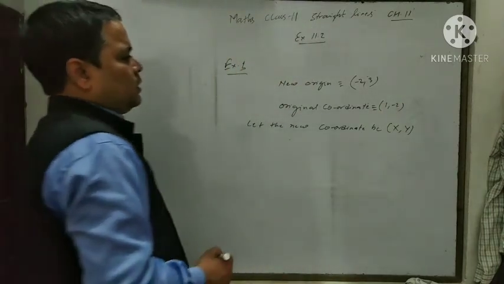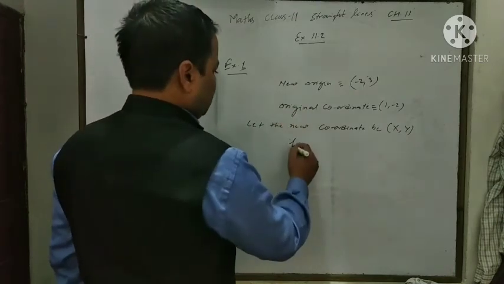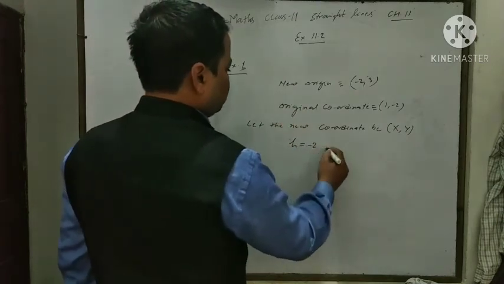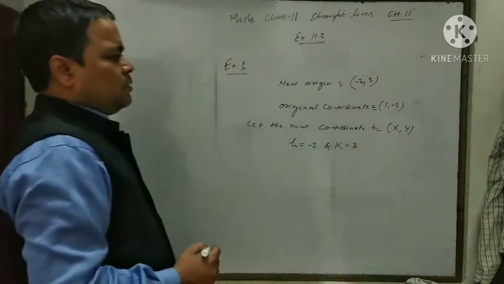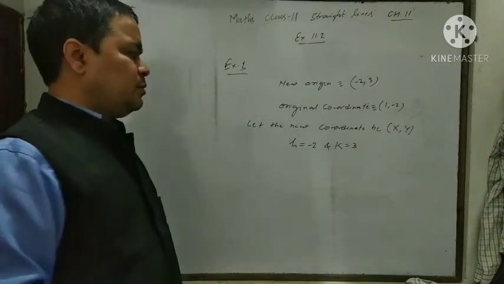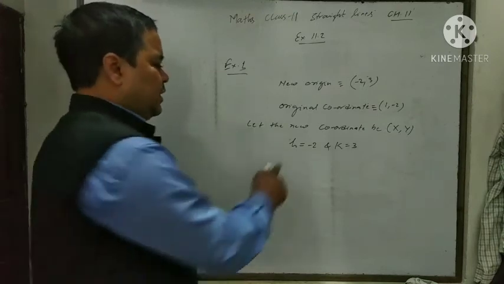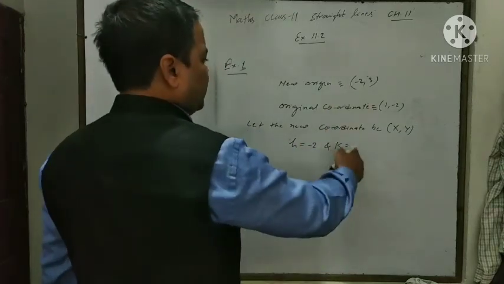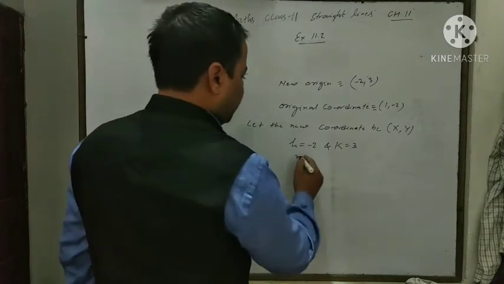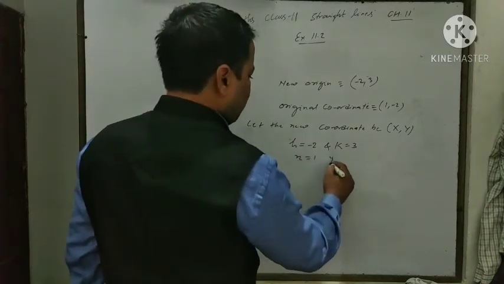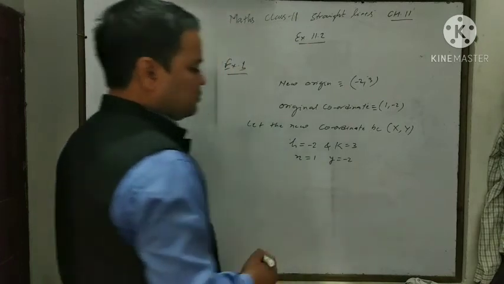According to this situation, h is equal to -2 and k is equal to 3. Means let the new origin be (h, k), then h is equal to -2 and k is equal to 3. Original coordinate here: x is equal to 1 and y is equal to -2.